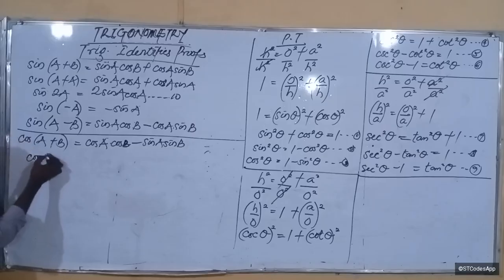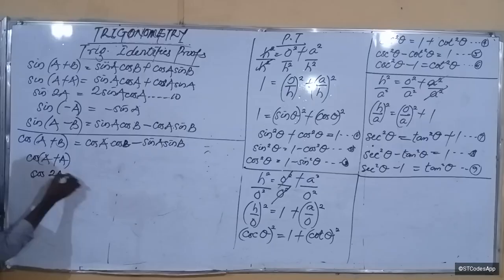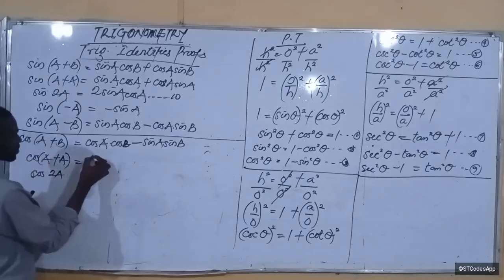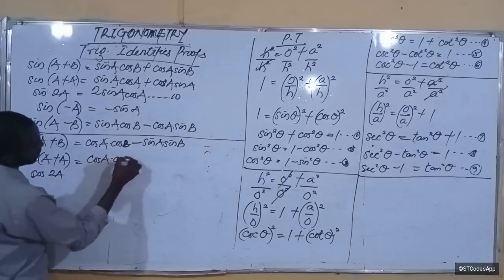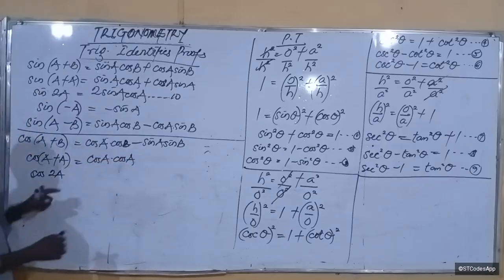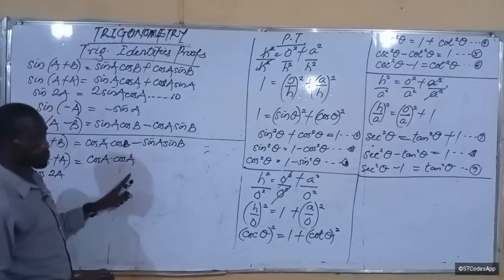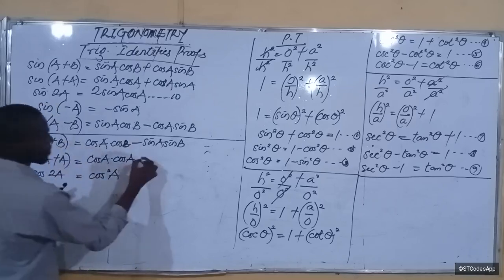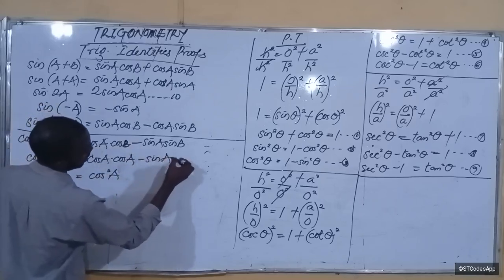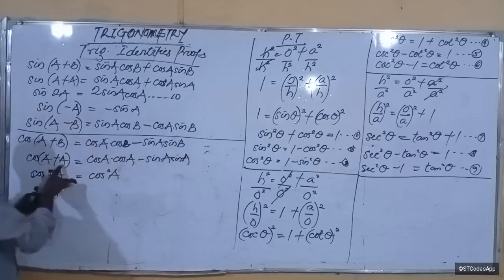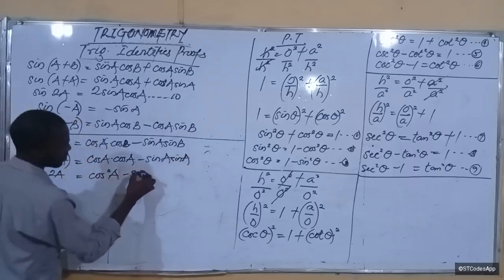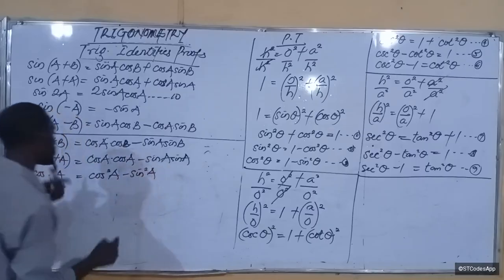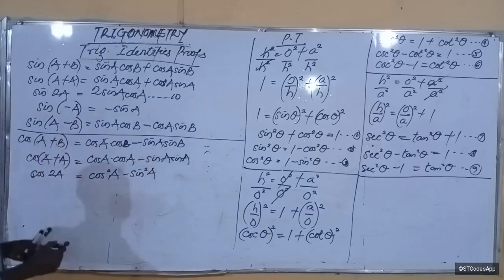So if this be the case, then if I have double of an angle, such that this becomes cosine of 2A, this will be cosine of A times cosine of A. That becomes cosine squared A. Minus sine A sine A, because it's not B, it's A. So minus sine squared A. Is this clear?